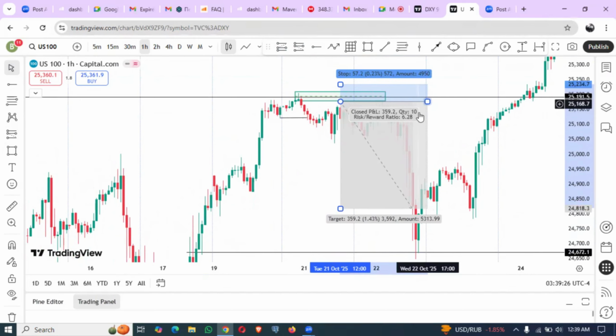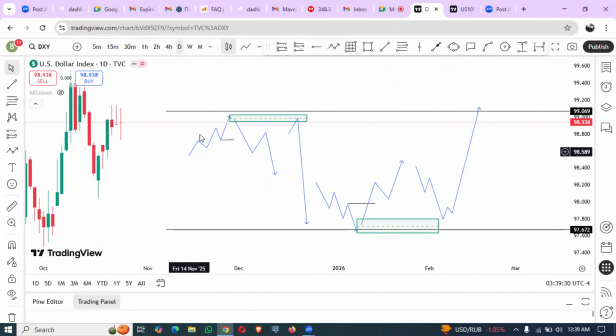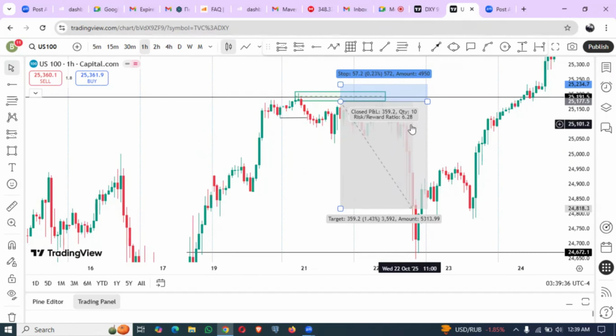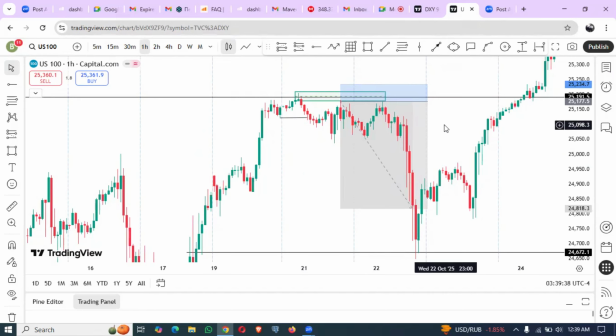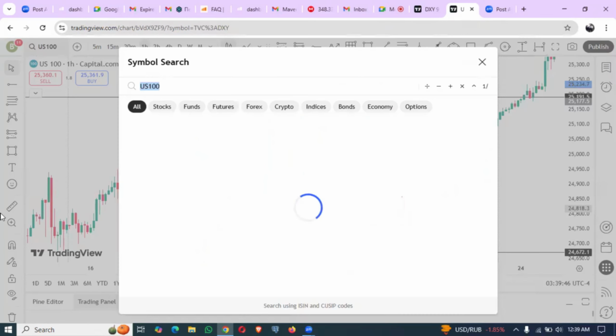So always look for the first impulsive push, correction, impulse. That was US 100. This was the first trade I took last week. It triggered on Tuesday, then I think it hit TP on Wednesday afternoon.